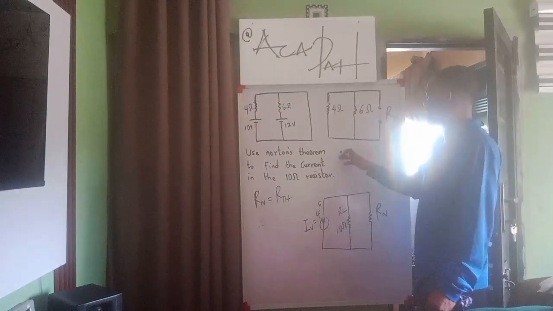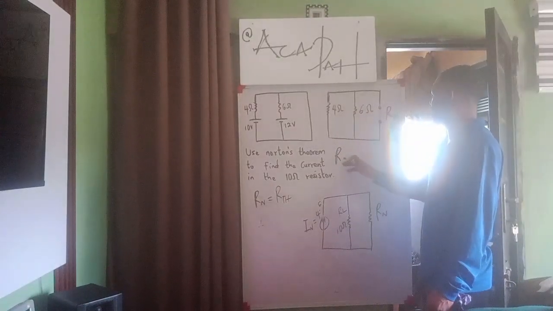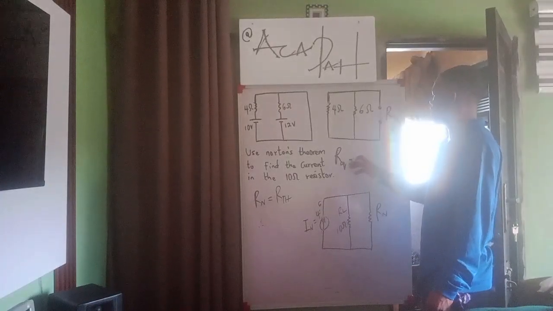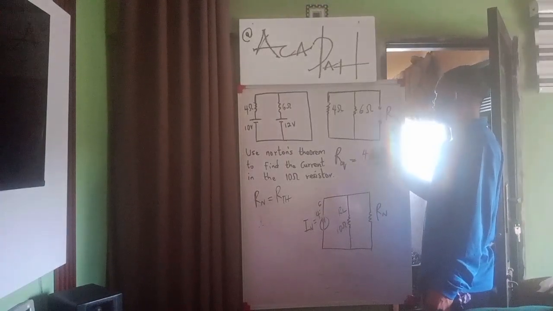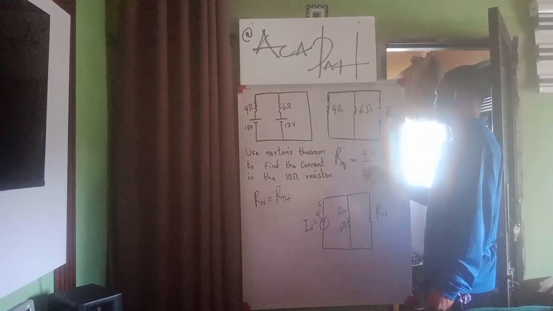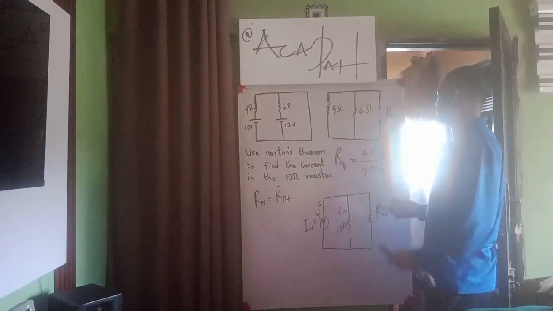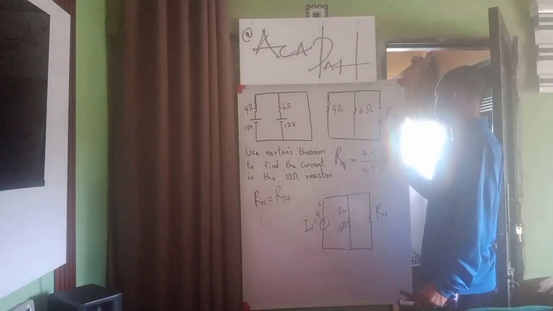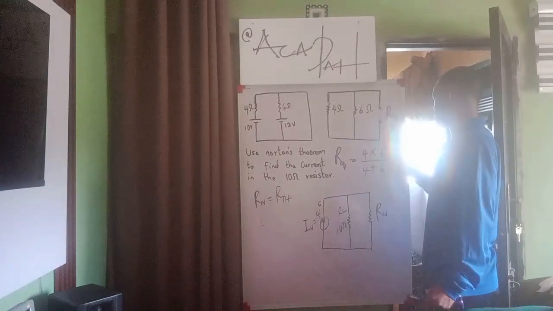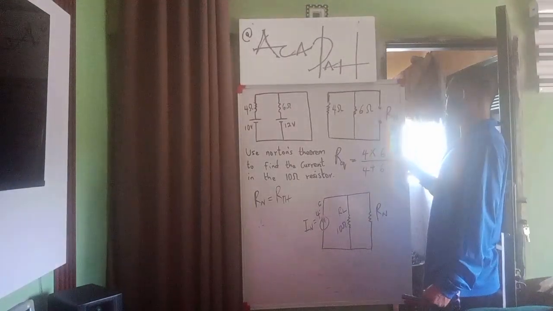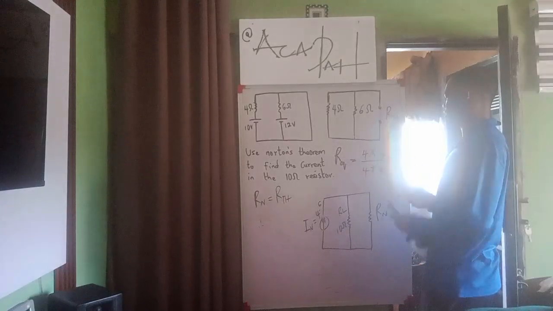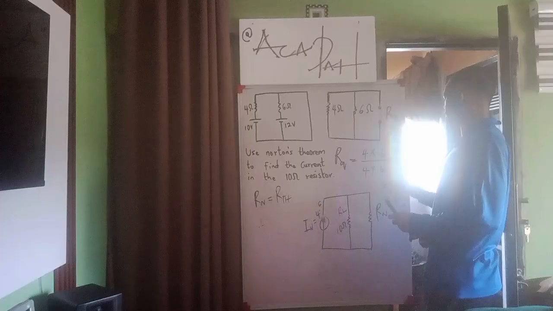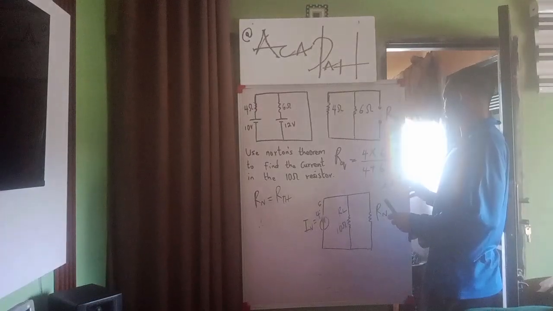So using parallel is simply the same thing as saying R equivalent, that is the total resistance, will be 4 times 6 over 4 plus 6, and this is going to give me 24 over 10, which is going to be the same thing as saying 2.4 ohms.